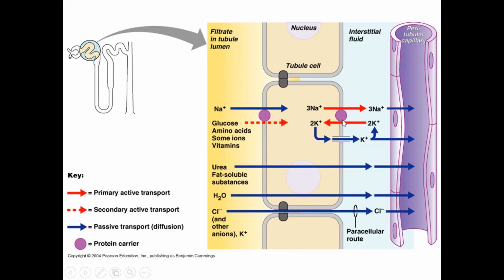Okay, this part one plus part two together is called a secondary active transport. So we say all the glucose molecules and amino acids can be actively transported back, or reabsorbed back into blood, by secondary active transport system.